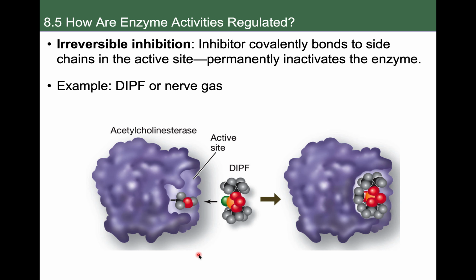And so what happens in this situation, if you have this DIPF inhibitor there, it will bind to the active site of that enzyme permanently. So it gets in there and it's going to bind really tightly, meaning that enzyme can no longer bind to its normal substrate. So it basically completely inactivates that enzyme irreversibly.